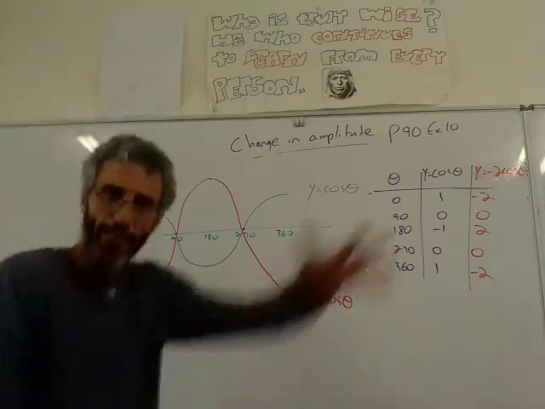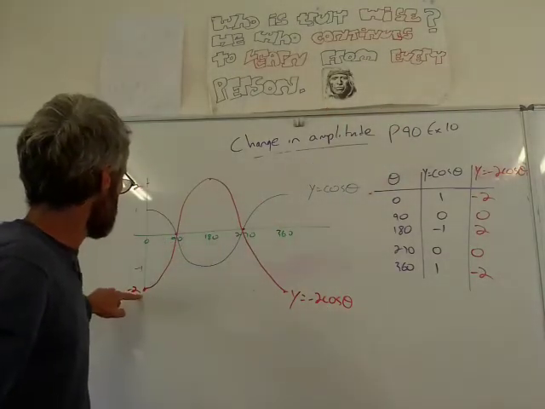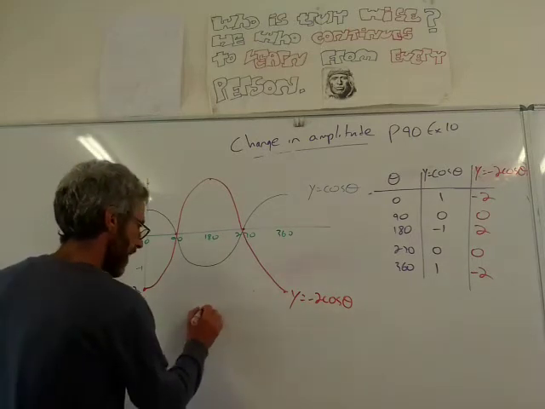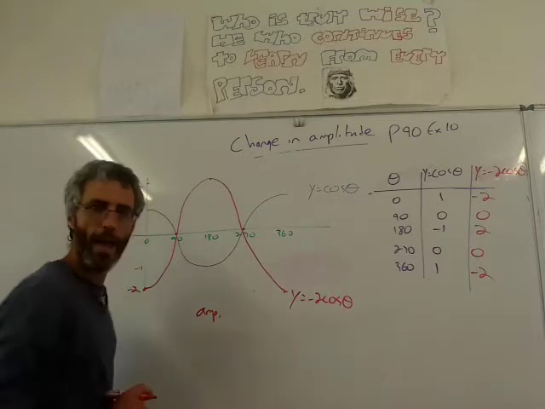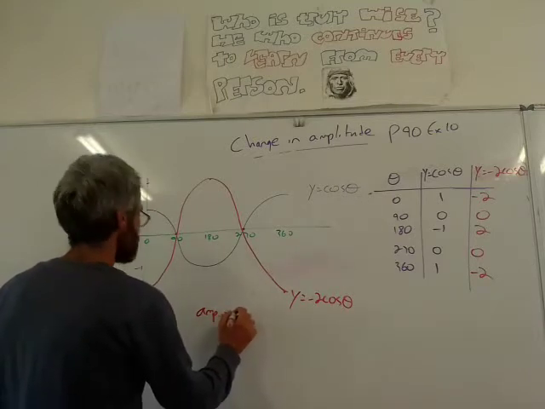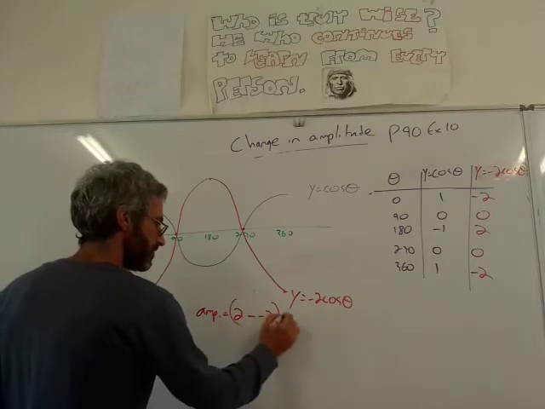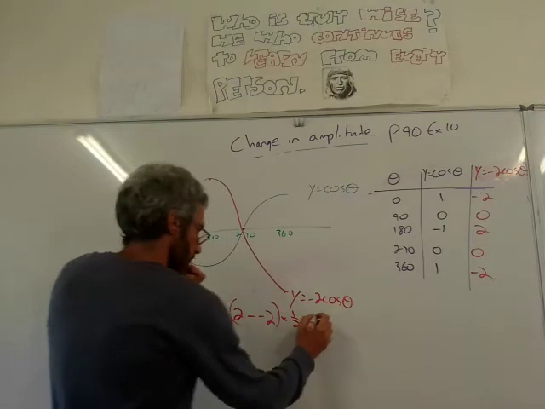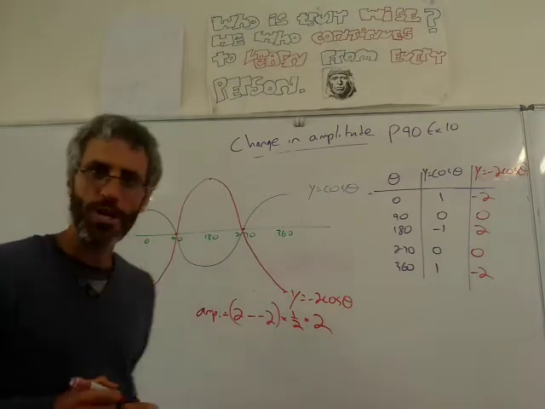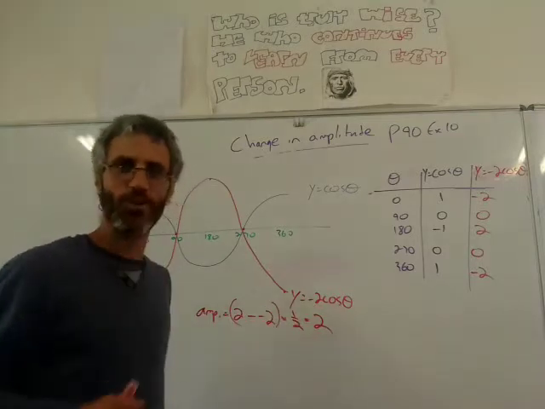Okay, now let's have a look at this graph. First of all, the amplitude is bigger. The maximum value is 2, the minimum value is minus 2. So the amplitude is the maximum 2 minus the minimum minus 2, times a half. We learned that a couple of lessons ago. So the amplitude is 2, and we already noticed that the number 2 in front of the cosine tells you the amplitude is 2.